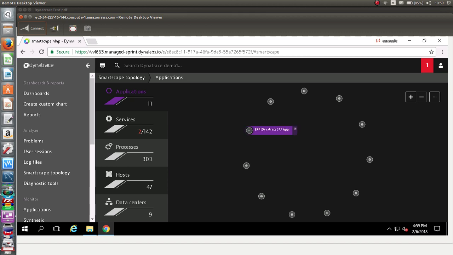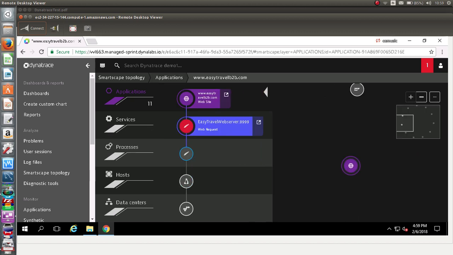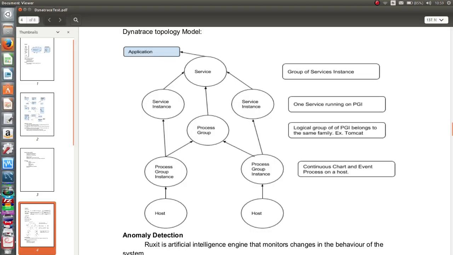We are going to choose the Dynatrace Easy Travel application, and we see that it has one service, which is the Easy Travel web server. This is the service.